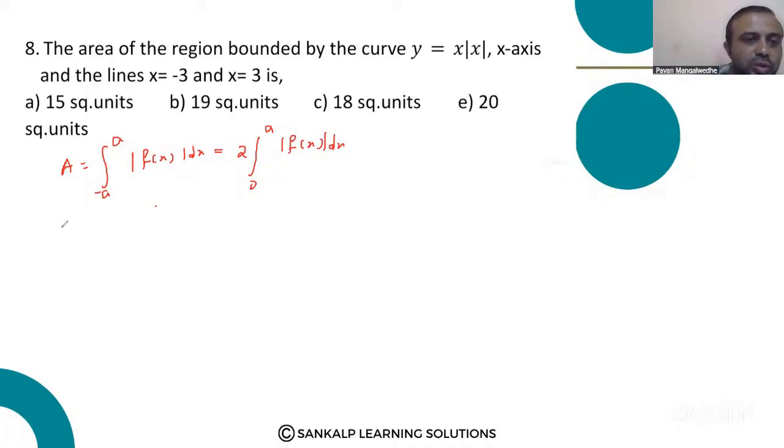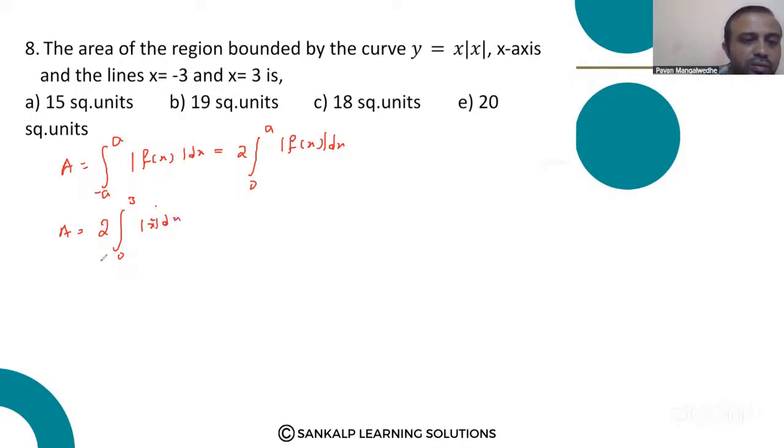Now substitute according to the given dimensions: 2 into the integration from 0 to 3 of mod of x square dx.